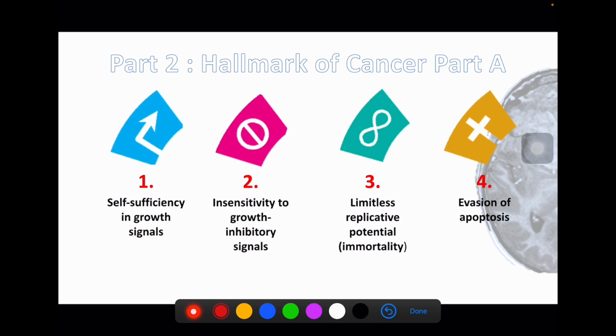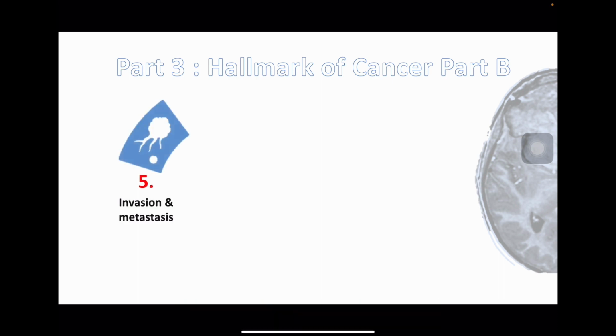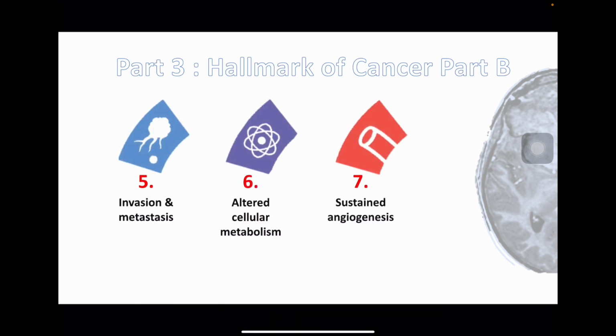Mind you, I'm not going to give you a very detailed explanation on each particular gene that is involved. I'm going to use them as an example only. So this is just an overview of all these hallmarks for you to remember. Of all these four in part A, this is the most important one. In part B we'll go into the rest later on.